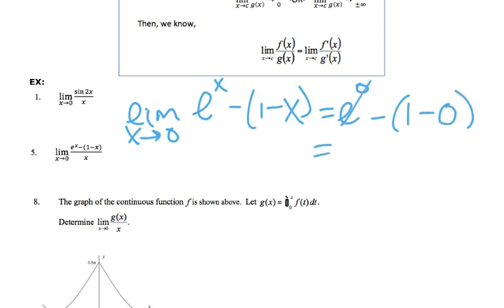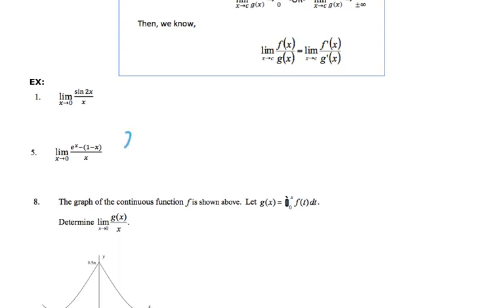So e to the 0 simplifies to 1, then distribute the negative, so minus 1 plus 0, this is going to equal 0. Okay, now let's show that the denominator equals 0 as well.